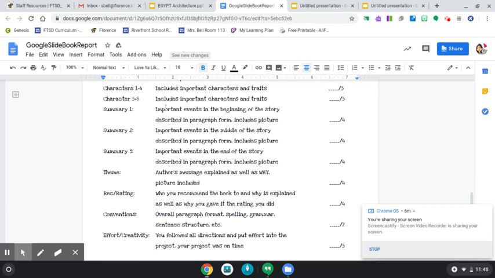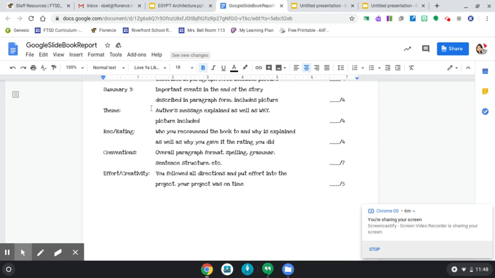Your summaries, important events described in paragraph form, includes pictures. Those are each worth 4 points, so 12 points total for those 3 slides. The theme, author's message explained as well as why, picture included for 4 points. And here is for your recommendation and rating. If we don't get to that, you'll just get a 4 here.